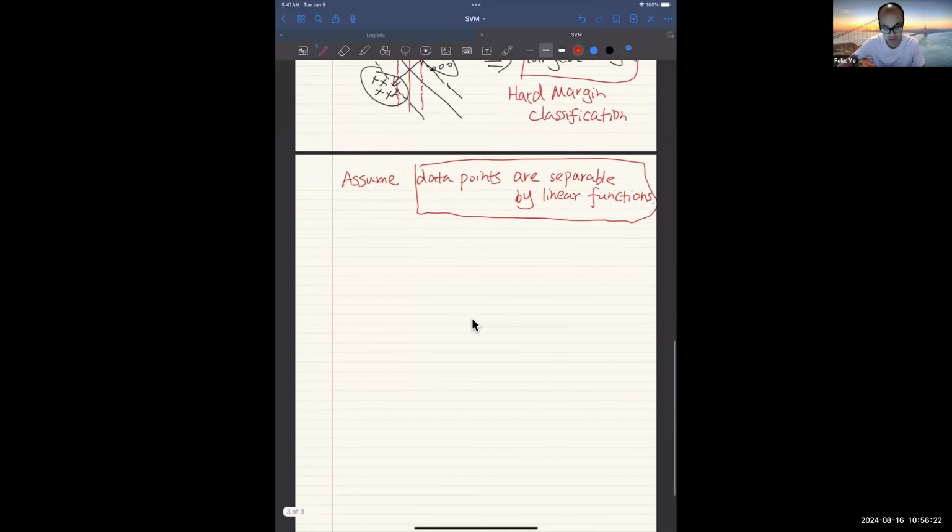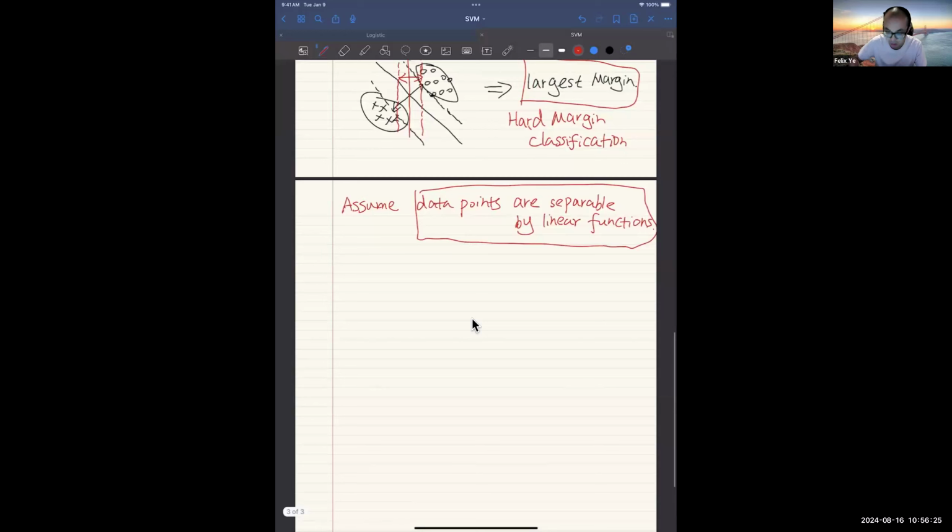Let me just show you what we are looking for. So I'm going to draw a picture right here. I have some red points here, and I have some blue points here. Ideally, I want to choose a decision boundary like this, because we can literally shift this boundary to the left and to the right.